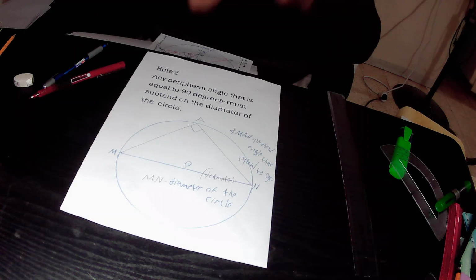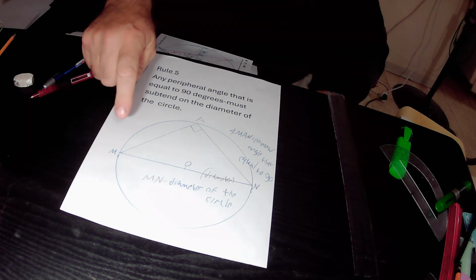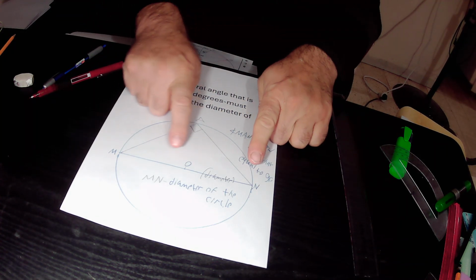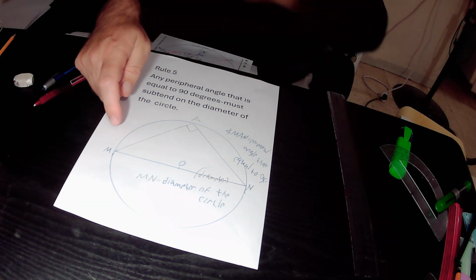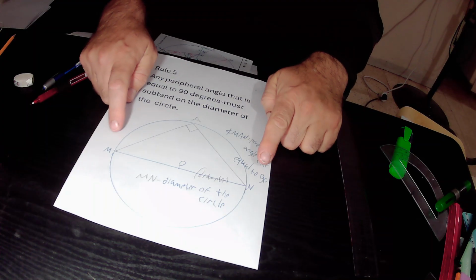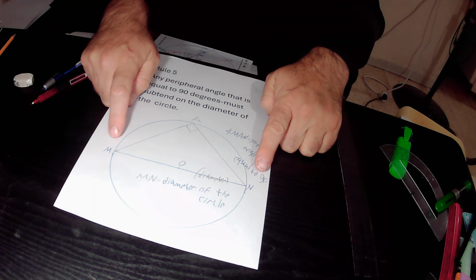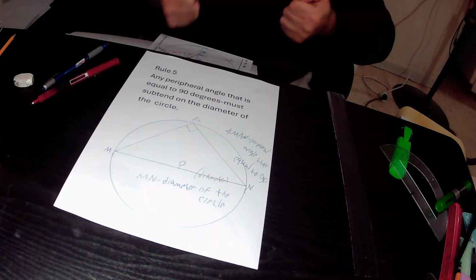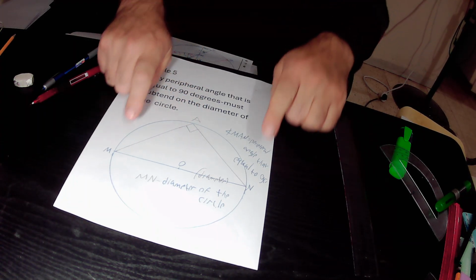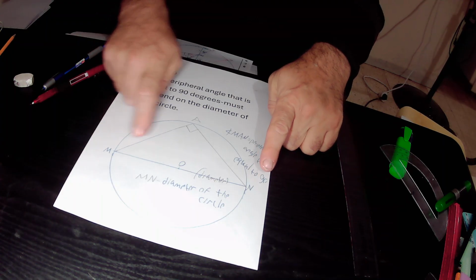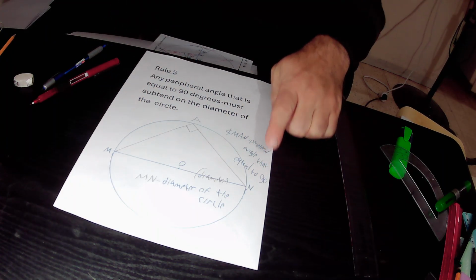Therefore, according to rule 5, peripheral angle MAN must subtend on the diameter of the circle. It subtends on chord MN. Therefore, chord MN must be the diameter of the circle according to rule 5.